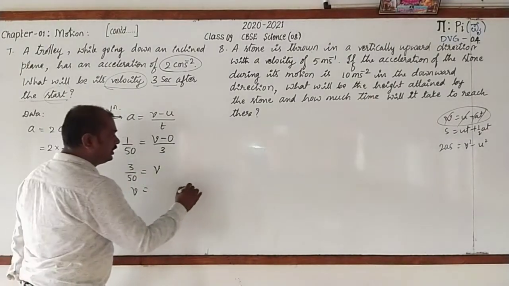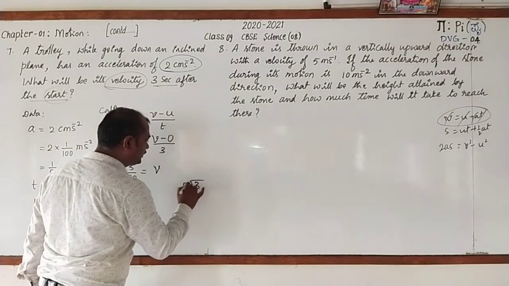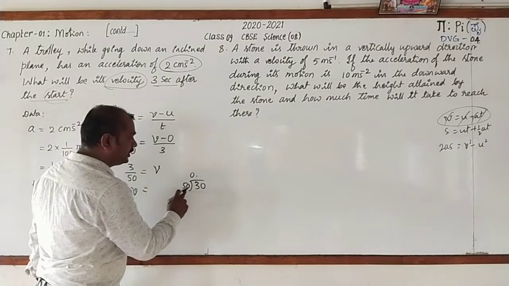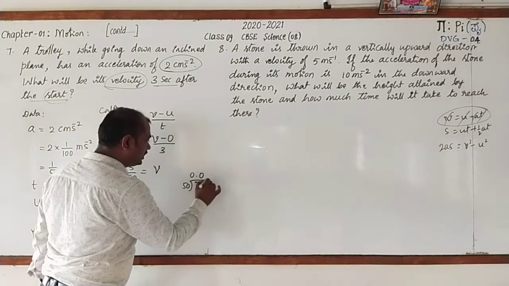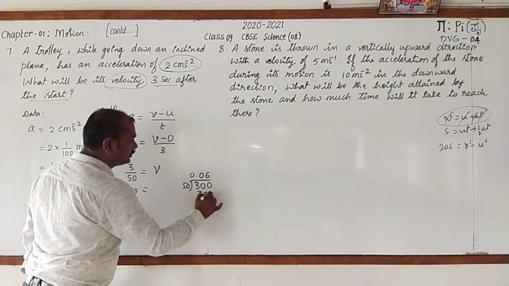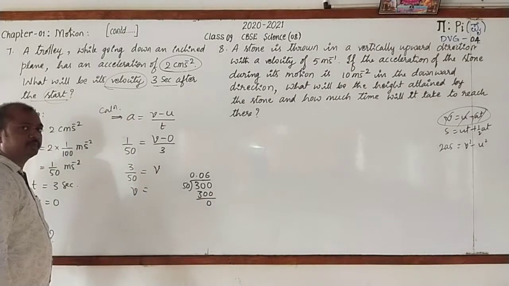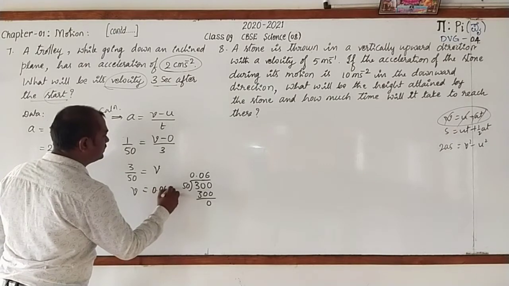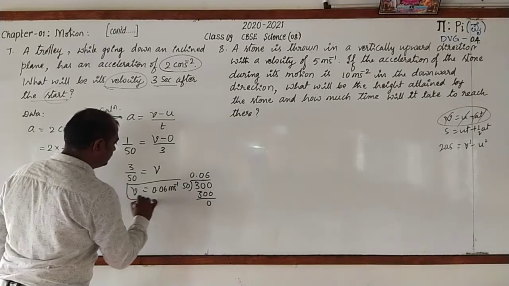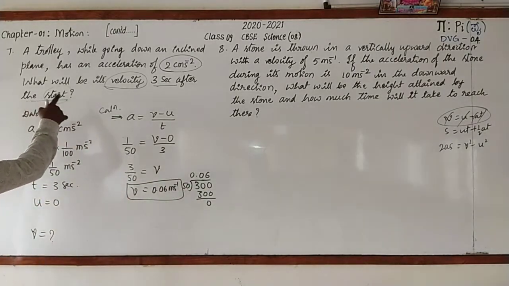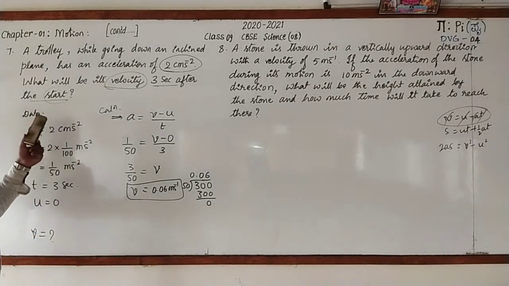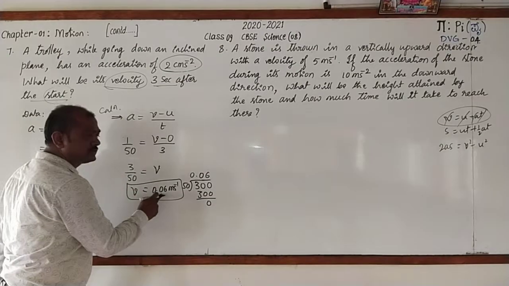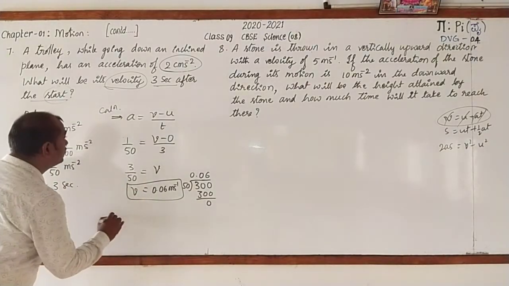You can go for dividing 3 by 50. 0 point, here 0. Next, again 0, 300, 6 sixes are 300, 0. Hope that you have understood the division. It is 0.06 meter per second. So you can write its velocity 3 seconds after the start is 0.06 meter per second.